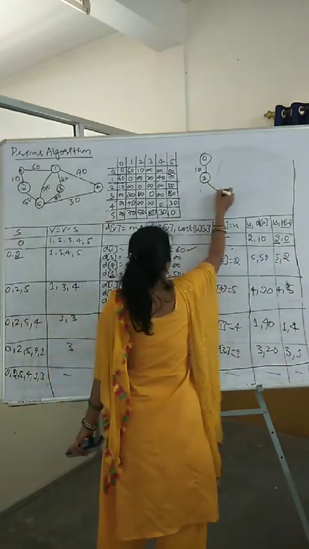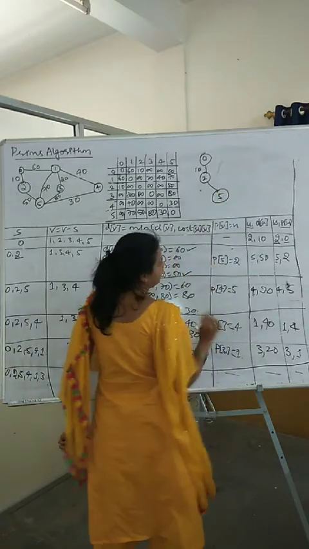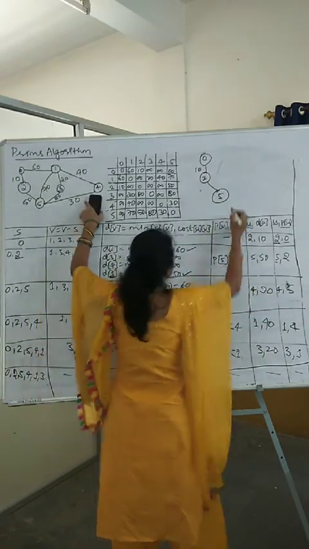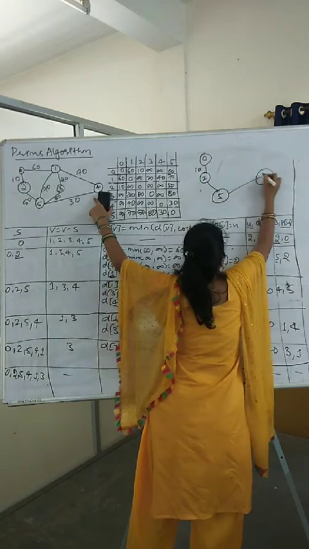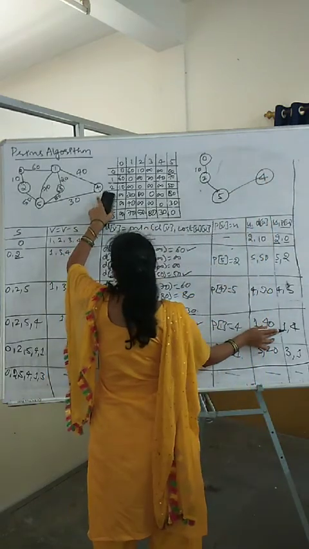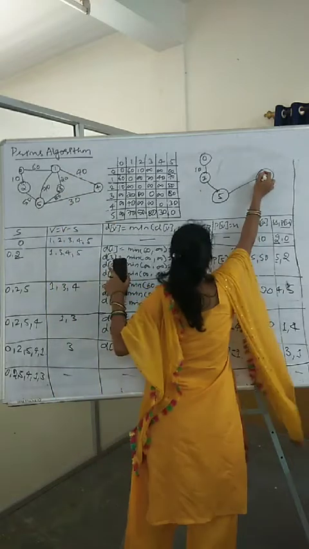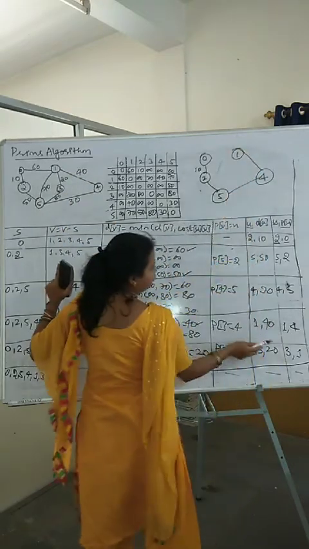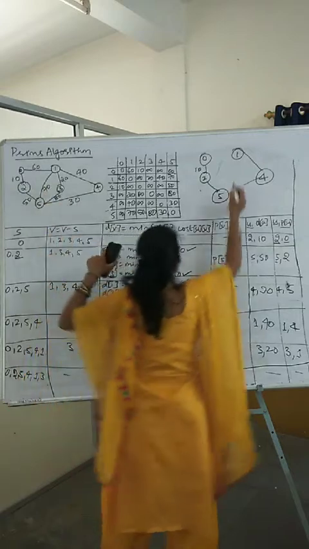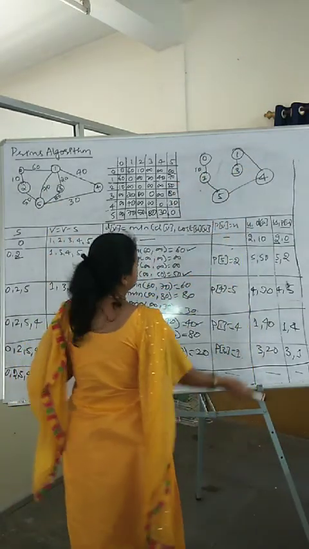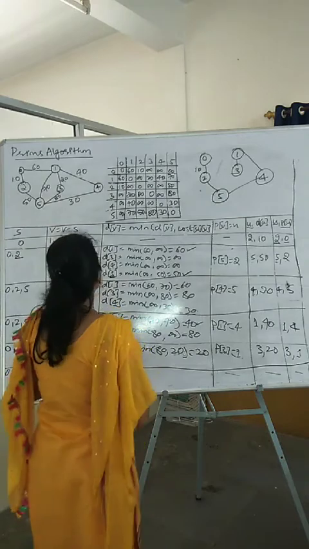From 5 I have moved to 4. From 4 I have moved to 1. From 1 I have moved to 3 and done. So this is your minimum spanning tree.